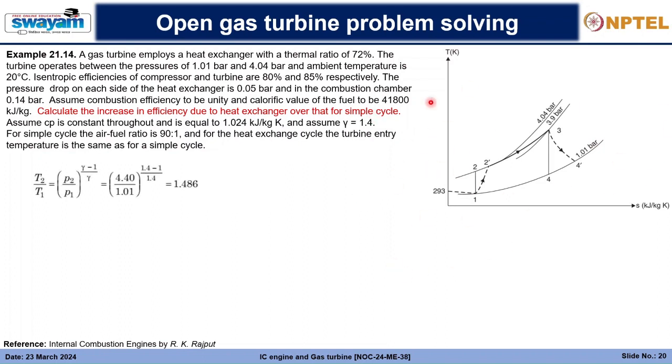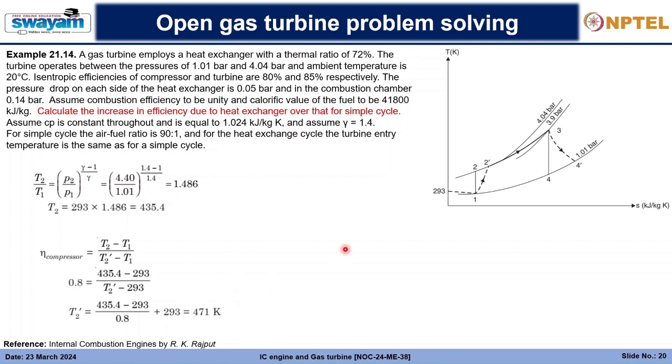For the compressor part, we calculate the value of T2. The T2 will be 435.4 Kelvin. Then we use the efficiency to calculate the value of T2 dash. So the value of T2 dash will be 471 Kelvin. Then we have to calculate the value of T3. We know the value of T2 dash, and we know how much fuel is coming.